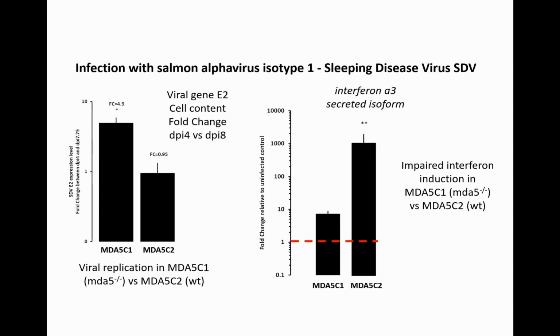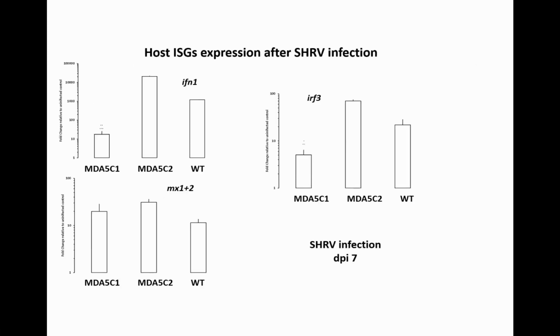We had a normal, very, very high induction of this gene in the control line and a very reduced induction in the mutated line. Then we tried to check many other viruses, and I'm showing here what happens with the SHRV, that is a rhabdovirus, one of the many rhabdoviruses infecting fish cells.